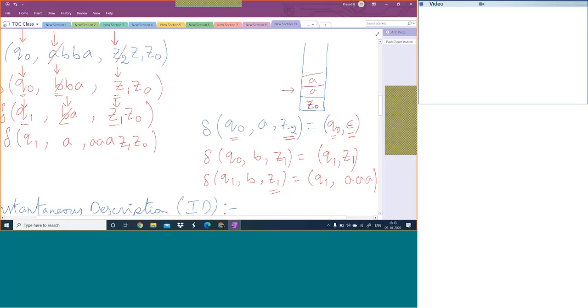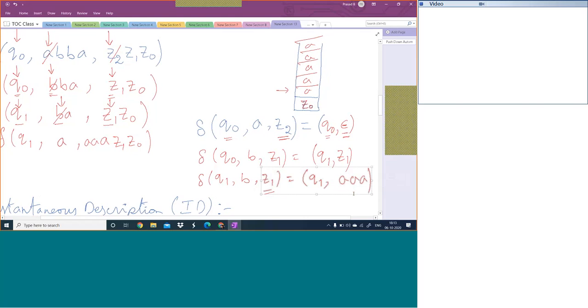You delete the Z1 and push 3 A's or 4 A's or 5 A's like this. So finally, whatever the topmost symbol, we can delete it in this case, or we can keep it as it is. See, Z1 is kept as it is here, Z2 is deleted and here Z1 is kept as it is. Or the topmost symbol we can replace with one symbol, or by keeping Z1 we can add one or more symbols, or by deleting Z1 also we can push one or more symbols.